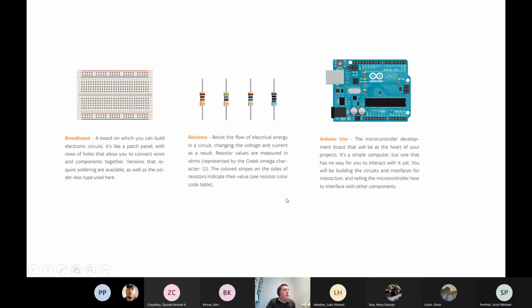Okay, so the Arduino is like the computer that runs all of this, because sometimes you want to be able to say, if the voltage at a certain point is more than 5 volts, then turn an LED on somewhere else or things like that. And so having a computer is very good for those if-then kind of statements.